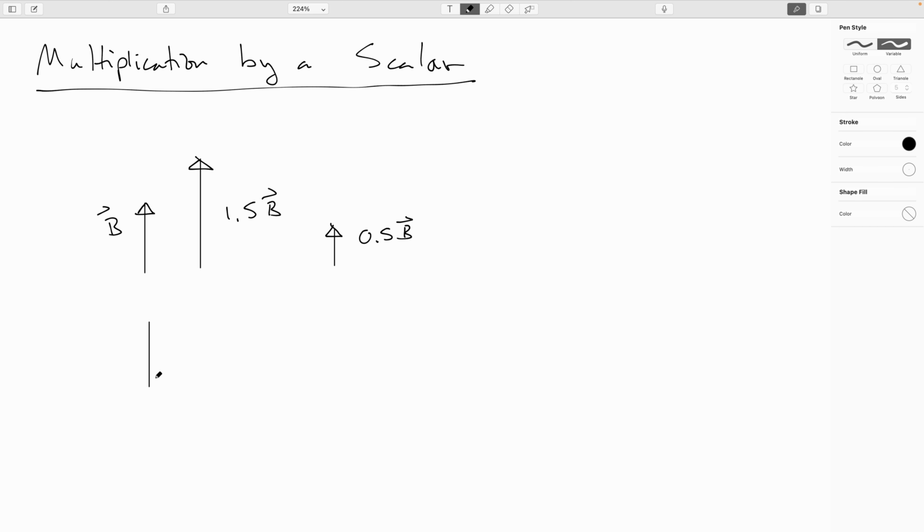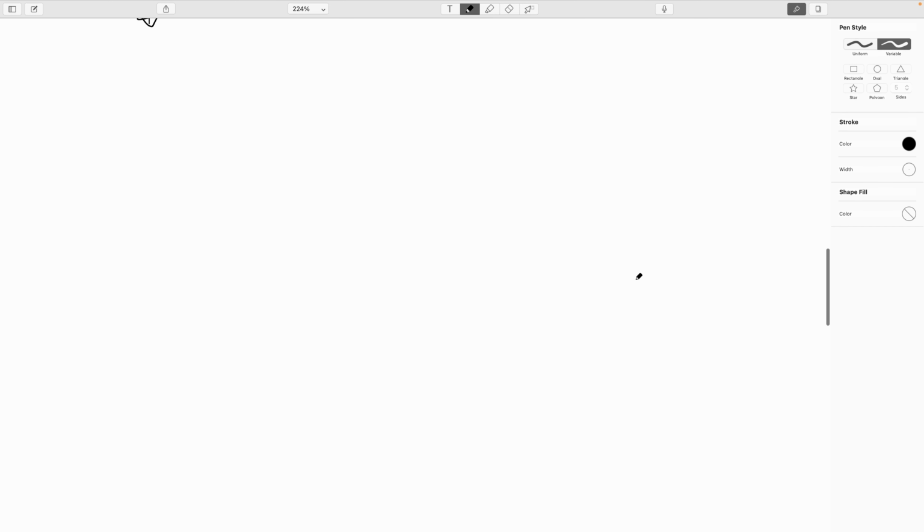So I keep its length, so I draw a vector the same length, but anti-parallel, which means to point in the exact opposite direction. So that's my vector negative b. I do this in order to introduce how to subtract two vectors graphically.